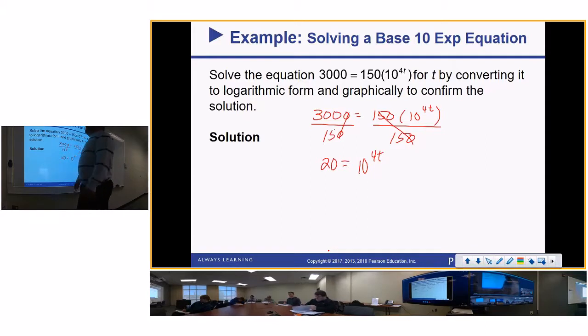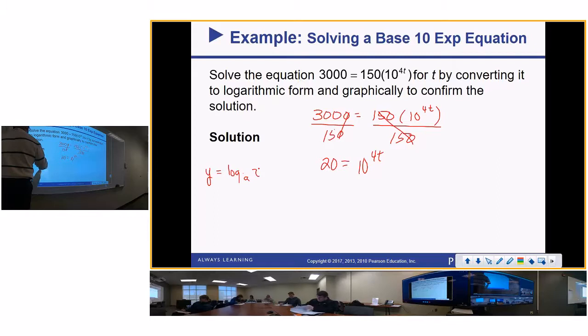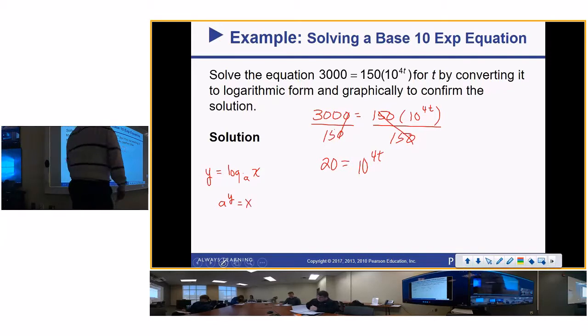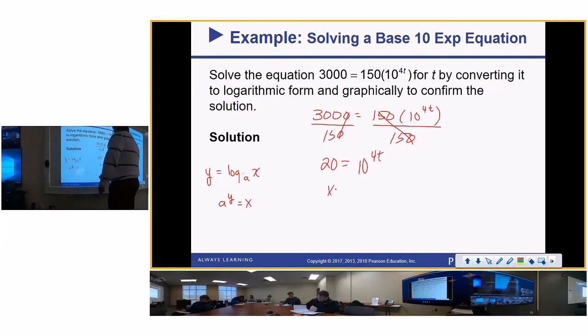Now our definition of a logarithm is y is equal to log base a of x, and that yields a to the y is equal to x. So I've got x is equal to a to the y.